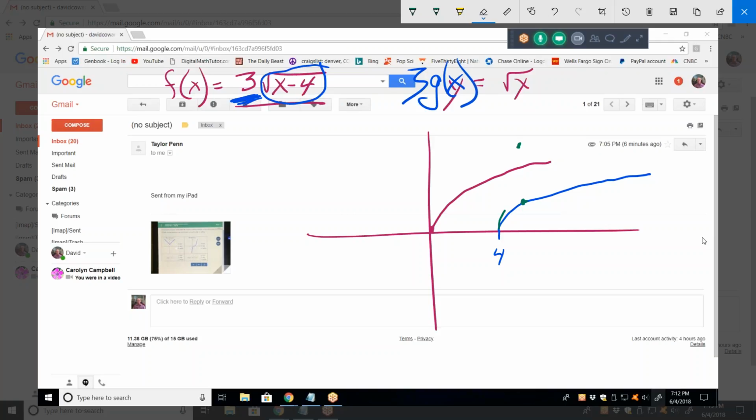If you want to draw these somewhat accurately, take that point, make it 3 times higher, take that point, make it 3 times higher, and now connect the dots, and you end up with that.